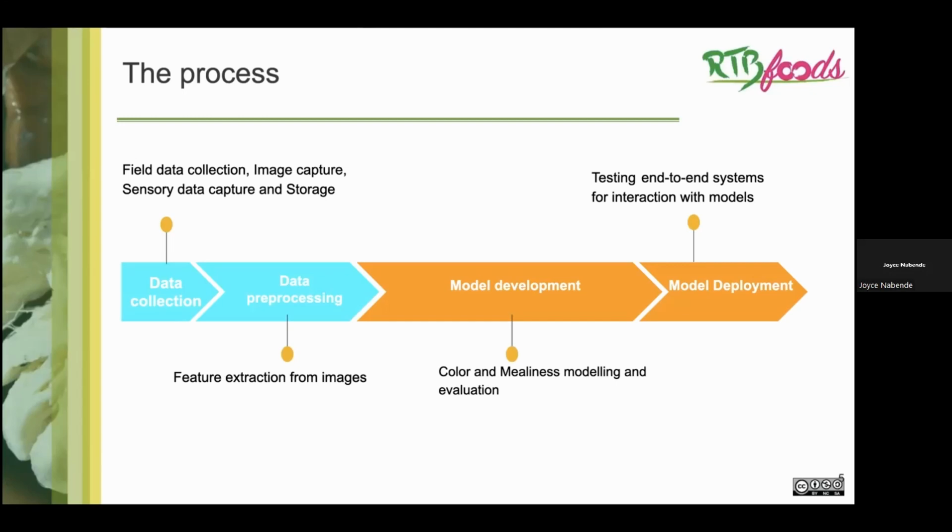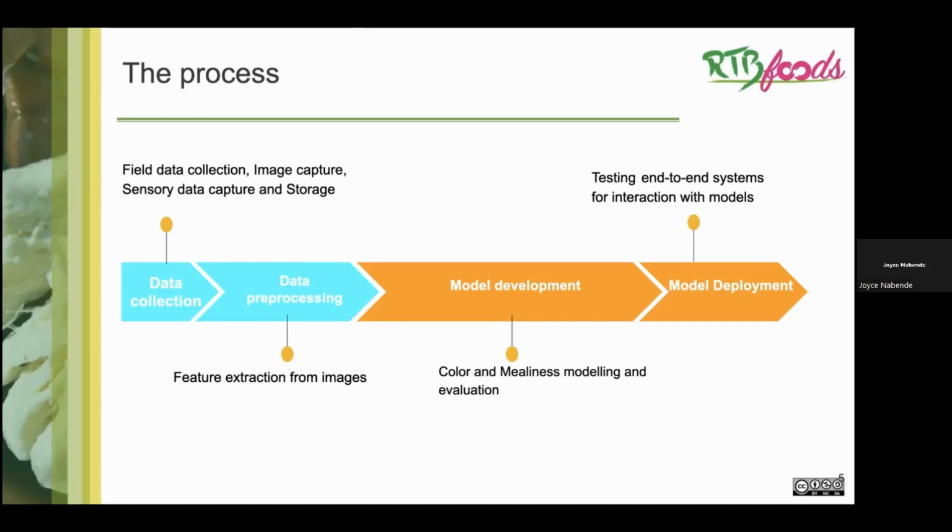After the data collection, the next step has been the data pre-processing. We have the image data that we've collected. What is important is the feature extraction, extracting the features of interest from the image data. After collecting and extracting this, we can feed this into the machine learning models that we have developed for color and mealiness modeling and evaluation.